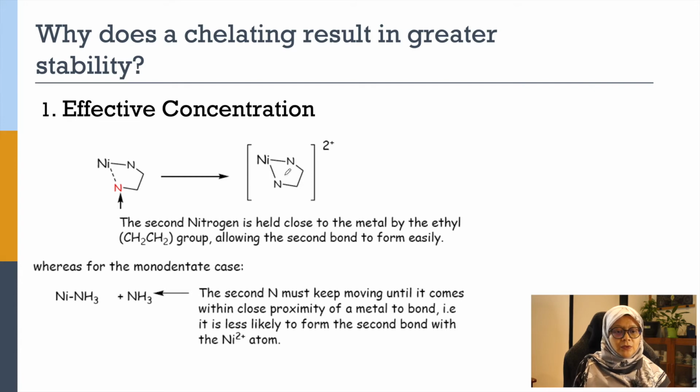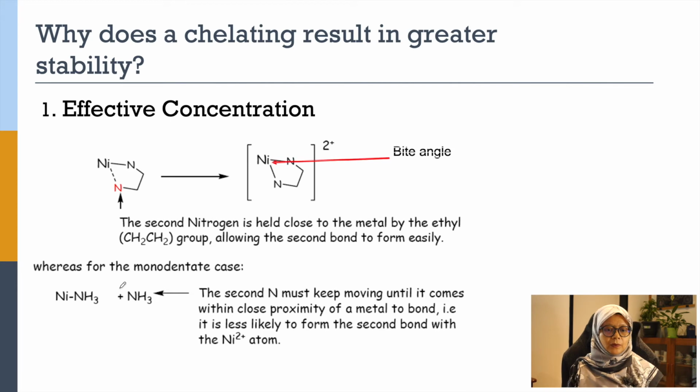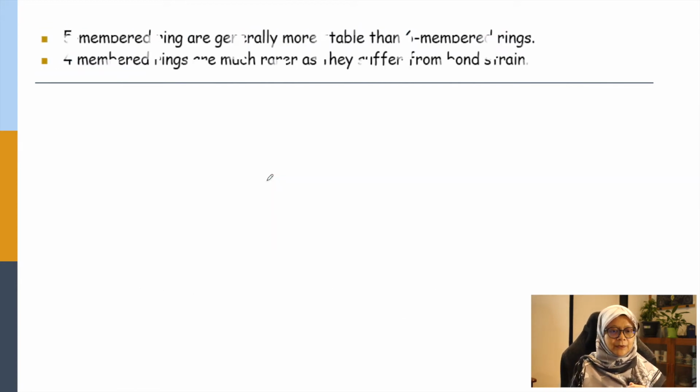So the first one with the bidentate has a higher concentration of donor atom compared to the monodentate reaction. This we call the bite angle.